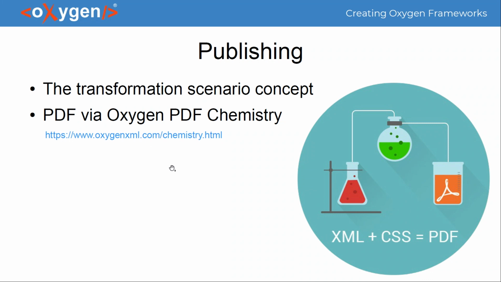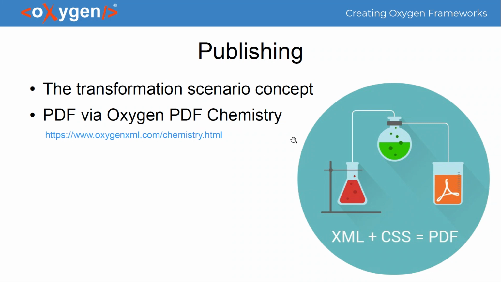But luckily, we have engines that can generate PDF based on CSS. And you know what? We've just created the CSS when we customized the visual editing mode for Oxygen. We have such an engine inside Oxygen.